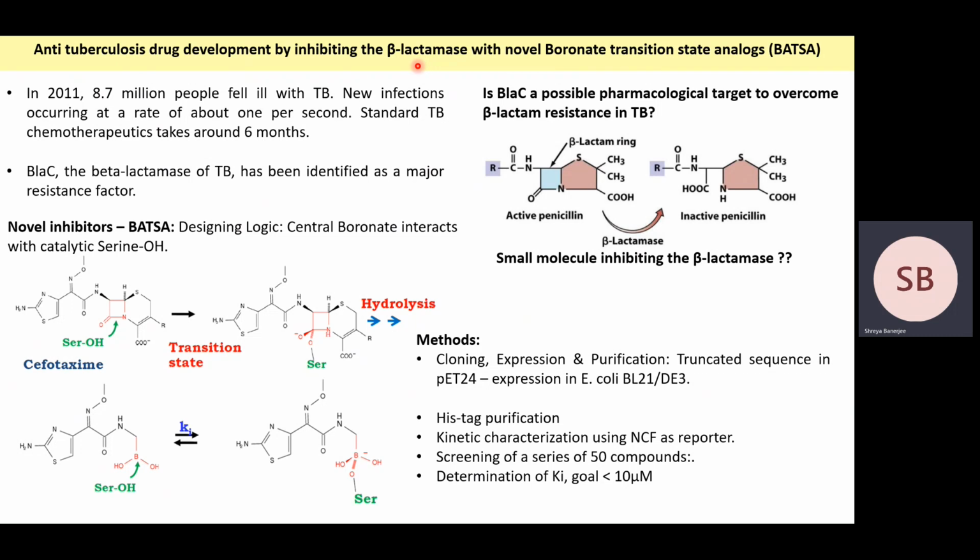New infections are occurring at a rate of about 1 per second, but standard tuberculosis chemotherapeutics take around 6 months. Now, BLAC, the beta lactamase of tuberculosis, has been identified as a major resistance factor. So we ask that, is BLAC a possible pharmacological target to overcome beta-lactam resistance in TB?